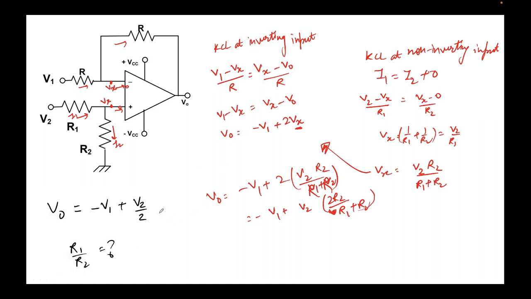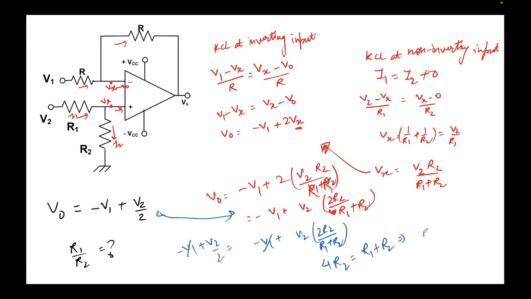Okay, compare these two expressions. Both are expressions for V0, so they should be the same. So I can simply write here minus V1 plus V2 by 2 equal to minus V1 plus V2 times 2R2 upon R1 plus R2. V2 gets cancelled out, so I get 4R2 equal to R1 plus R2.